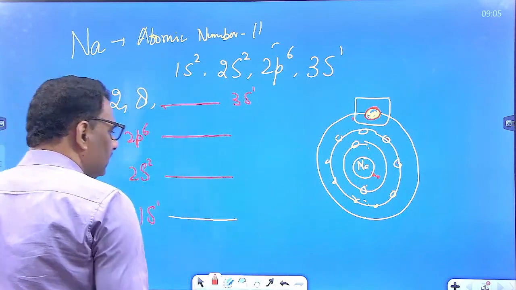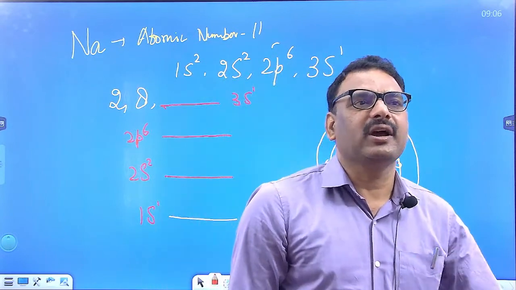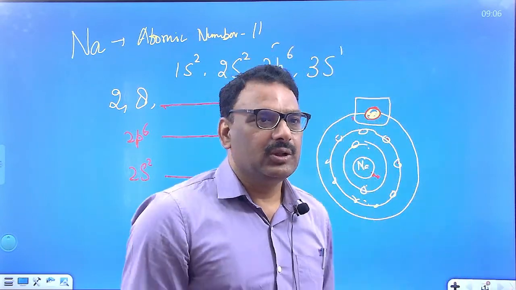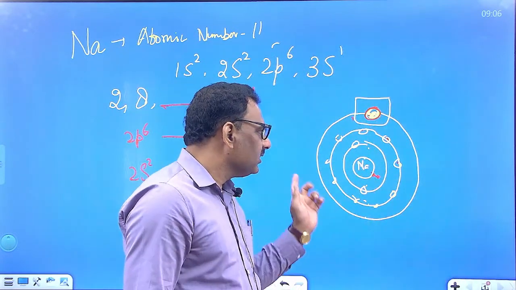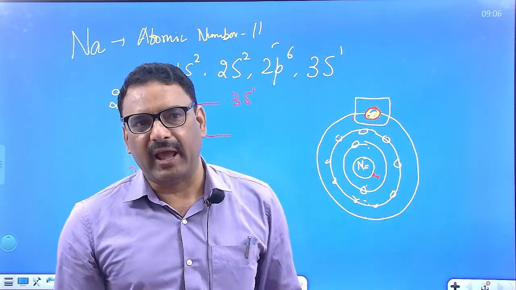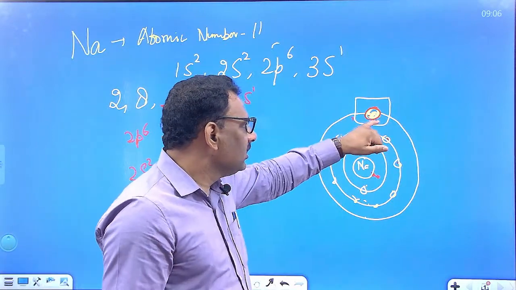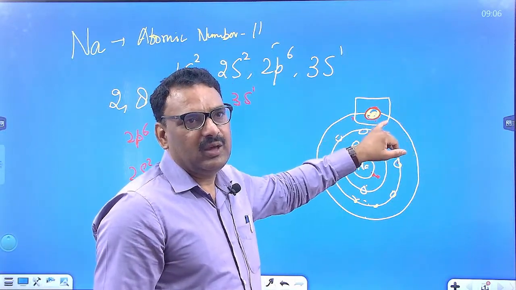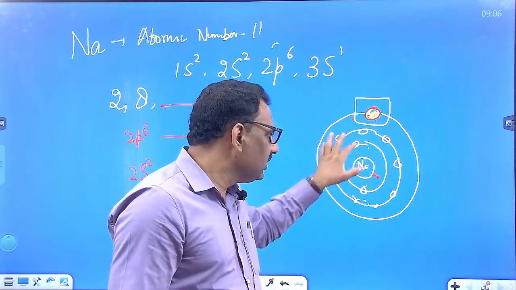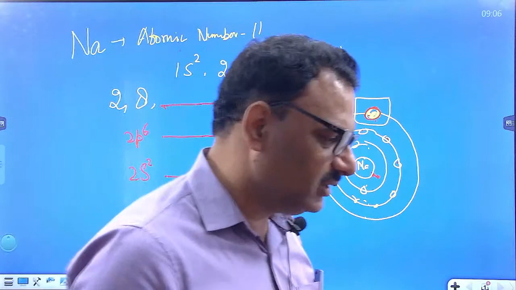So we can use this electron for conducting purposes, but if electrons are inside the orbit, they cannot help in conductivity. So we should free them from the nucleus, then this electron will participate in conduction.